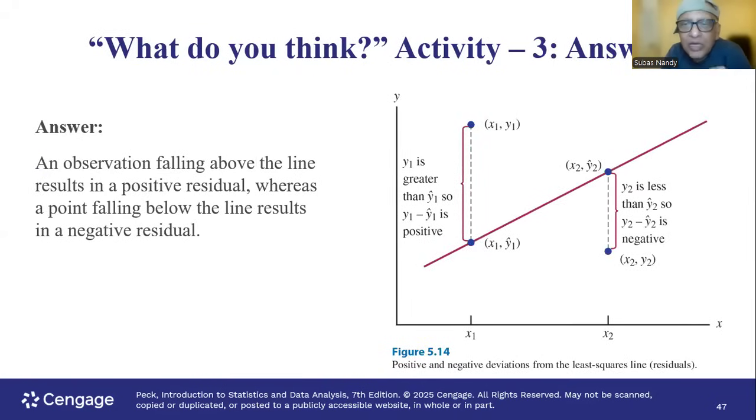So when a point is above the line, the residual, or the vertical distance of the point from the line, is positive. When the second point x2, y2 is below the line, the vertical distance of the point from the line is negative. And these vertical distances are called residuals.